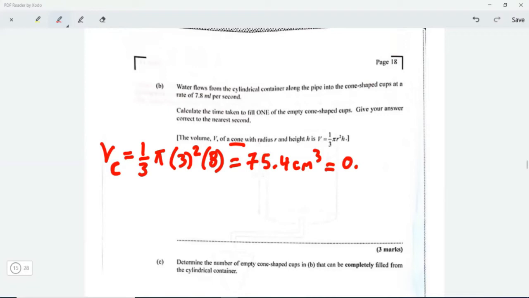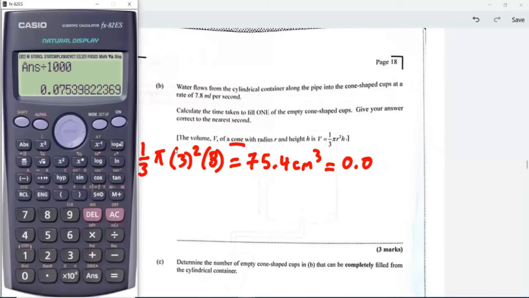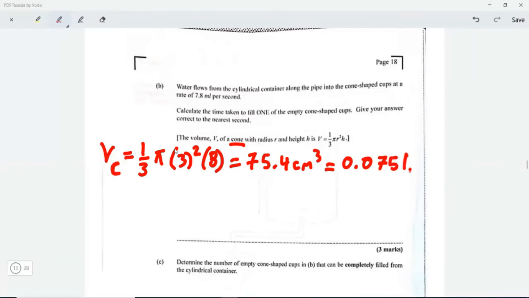0.075 liters. But this is equivalent to 7.5 milliliter. If we transpose it to make it milliliter, this is 7.5 milliliter. So the volume of the cone is 7.5 milliliter.